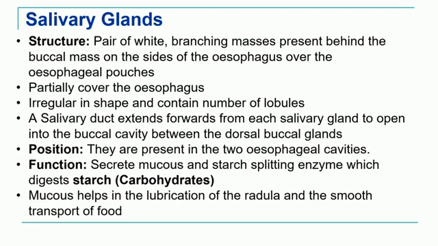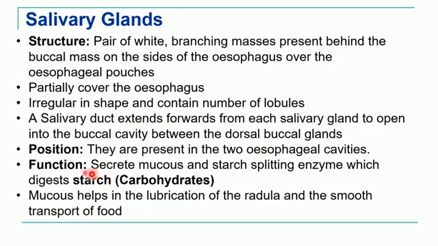So we know that these glands have the presence of ducts, and through these ducts their secretions are released. So the ducts of these salivary glands extend into the buccal cavity.